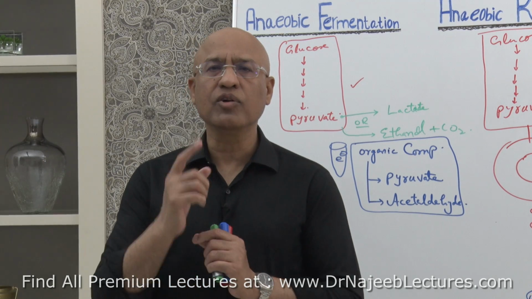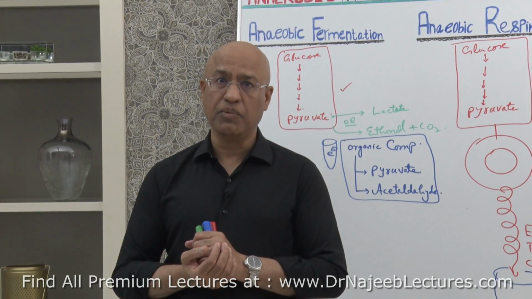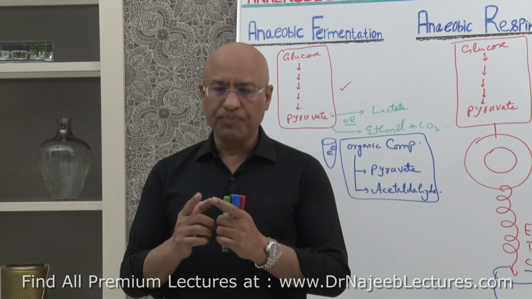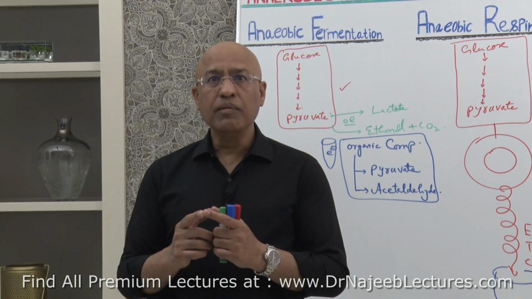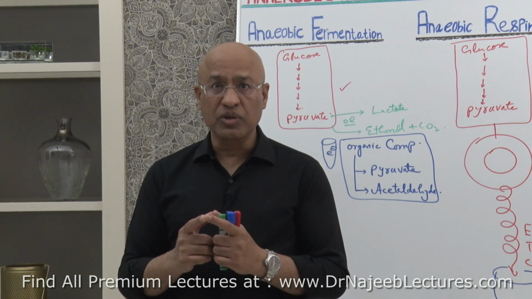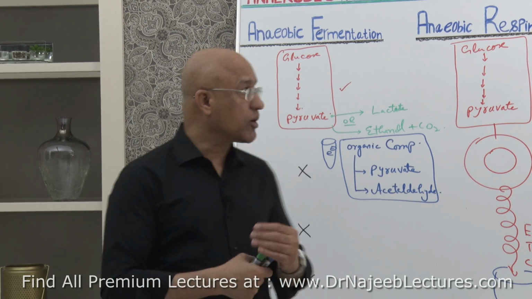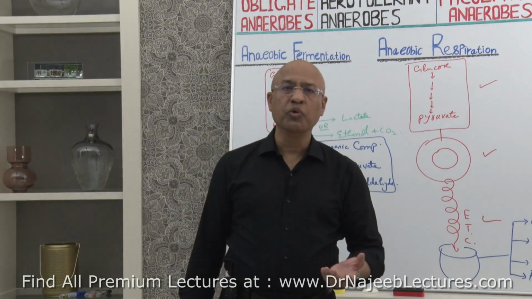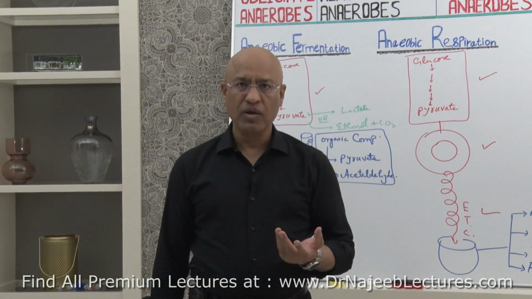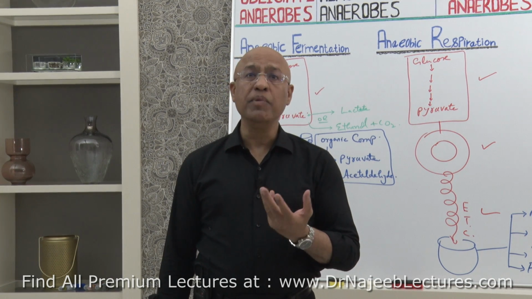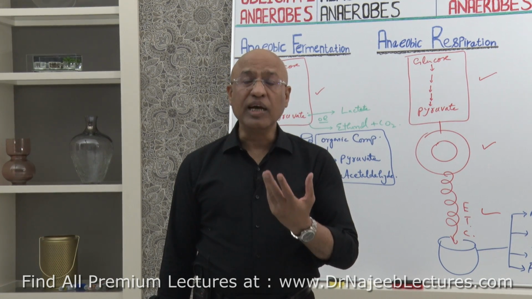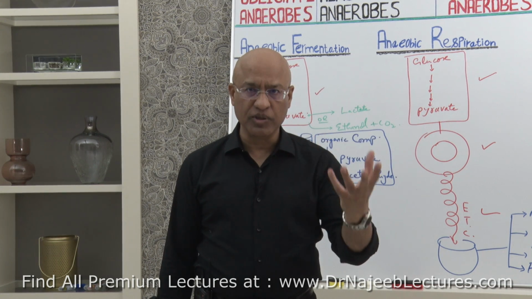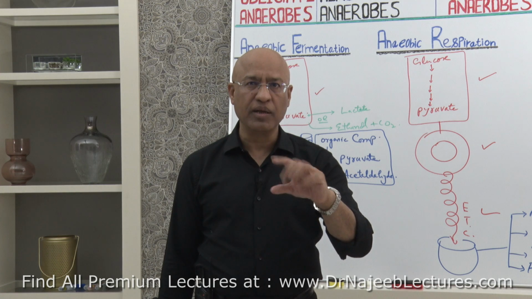Then the second relationship with oxygen is extremely important. As I mentioned in the beginning of the lecture, it does not matter what energy metabolism a microbe has, once it is exposed to oxygen, it will make a lot of reactive oxygen species. After the break I will explain how they are made.